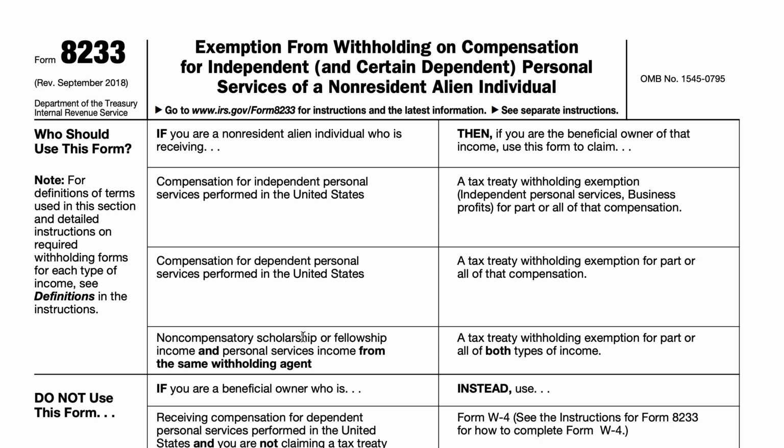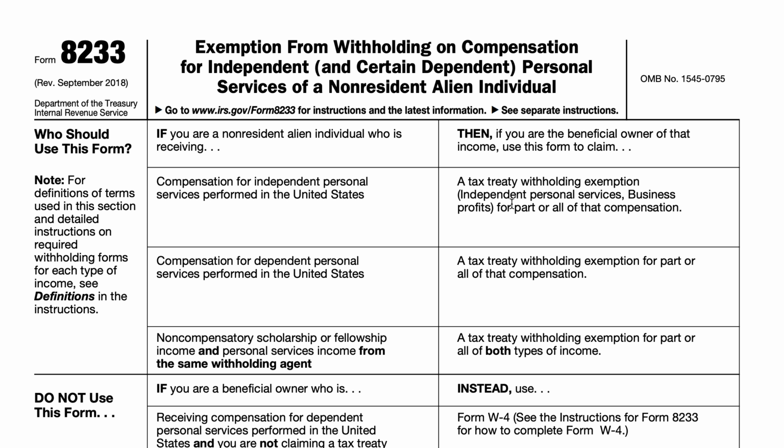So you should use this form if you are able to claim a tax treaty benefit that is a withholding exemption. So either independent personal services, business profits, again, that's the independent personal services, or as an employee for dependent personal services.